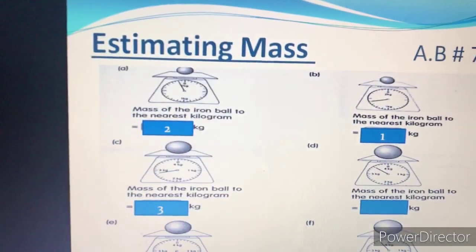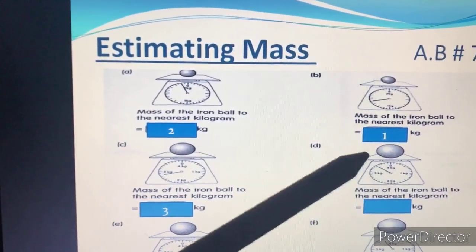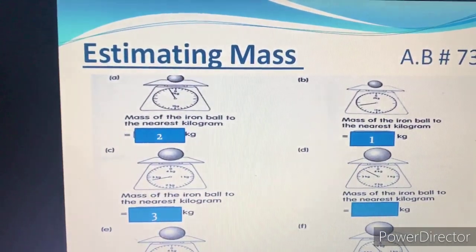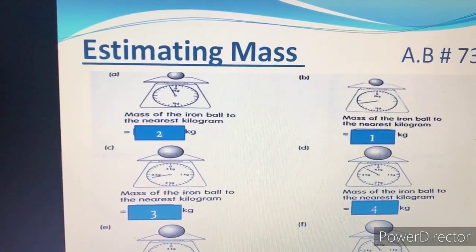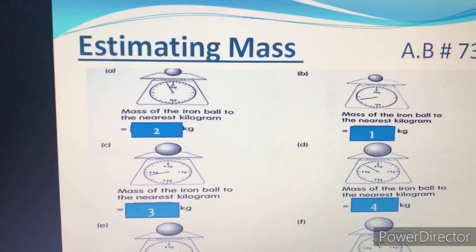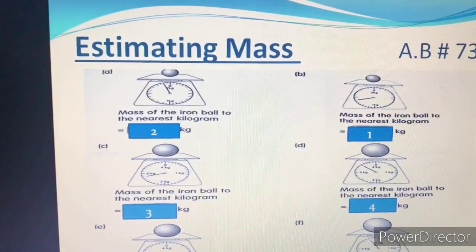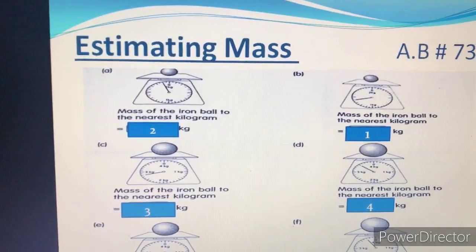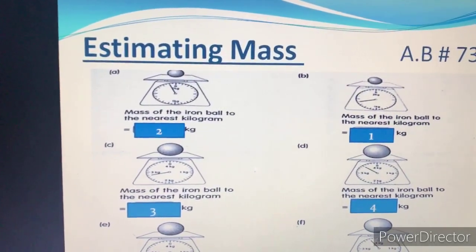So you will go to the next. You are adding up and it will be 4 kg. Okay students, because it is exactly in the middle of 3 and 4, you will consider it as 4 kg. When you round off, you will add.